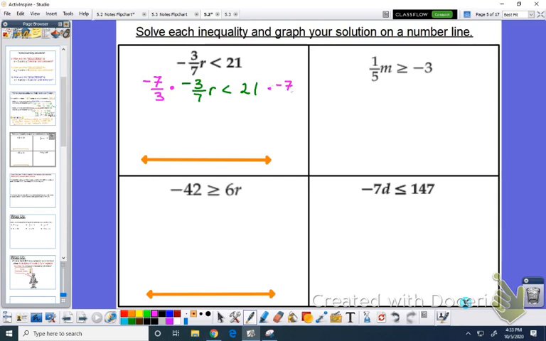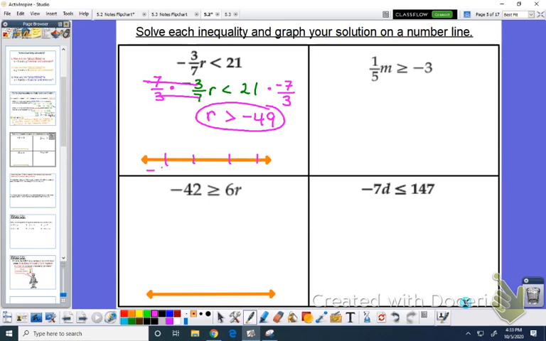We know that this is 21 over 21, so that's just r. And we are multiplying by a negative, so we're going to switch the direction of our symbol so it goes to greater than. And then 21 times negative 7/3 is negative 49. So there's my answer.